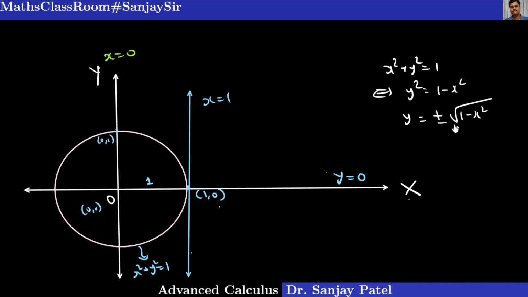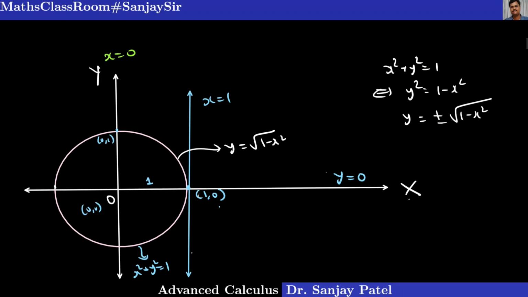So there are two equations. The positive sign gives you the part of the circle with positive value of y, which is above the x-axis. So this whole arc from this point to this point is given by y is equal to square root of 1 minus x square.